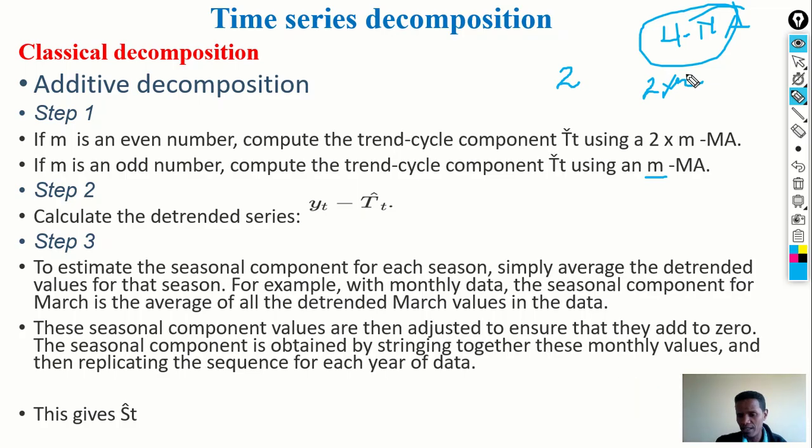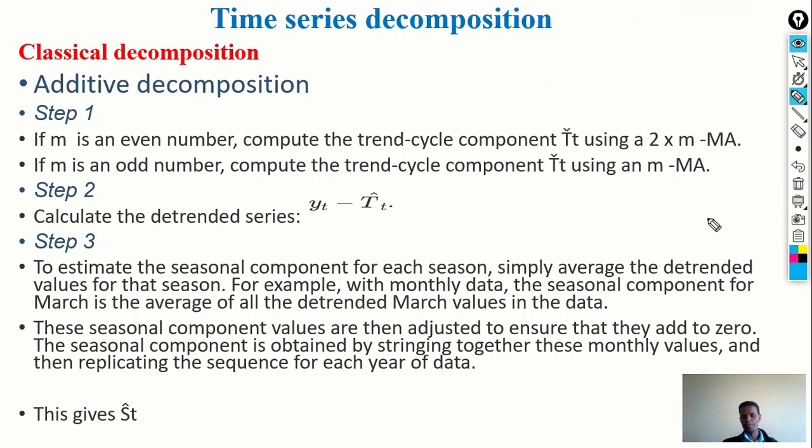But if m is, for example, 3, that is odd, so a 3 moving average method will be used. If it is 7, a 7 moving average method will be used to calculate the trend cycle component, which is labeled as T hat at time t.